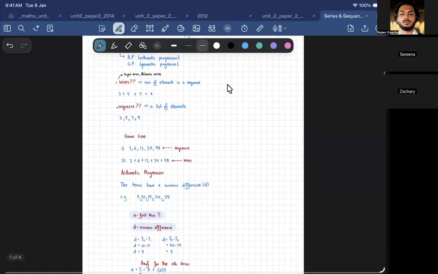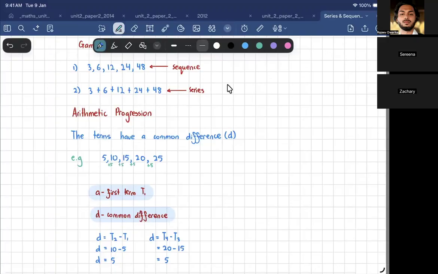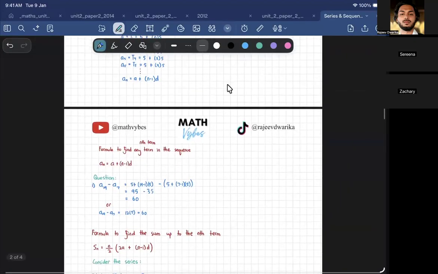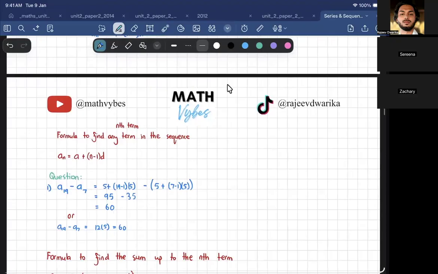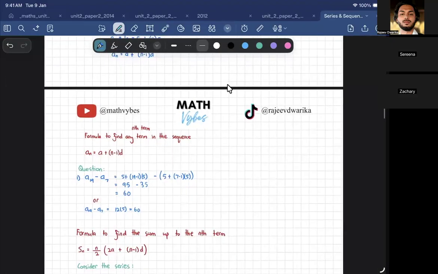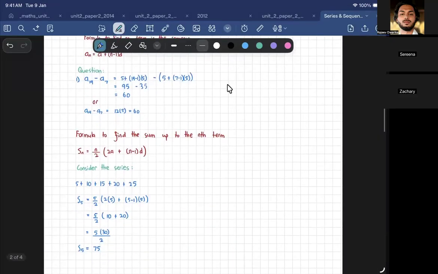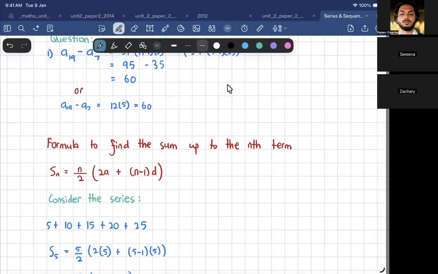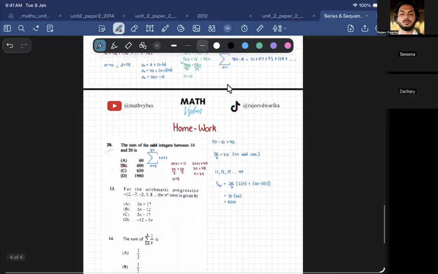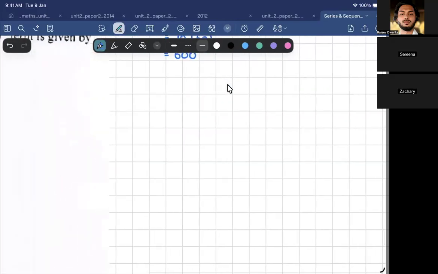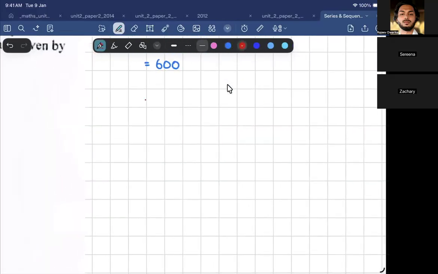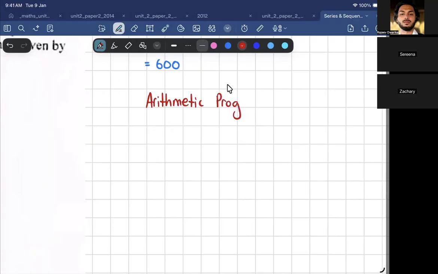So we would have looked at arithmetic progressions, and the main formulas you have to know here is an is equal to a plus n minus 1 d. You use that to find any term, and s of n, you could use that to find the sum up to any term you want. So let me just write that down here. Summary of arithmetic progression. So first things first, Zachary, how do you know if it's an arithmetic progression?